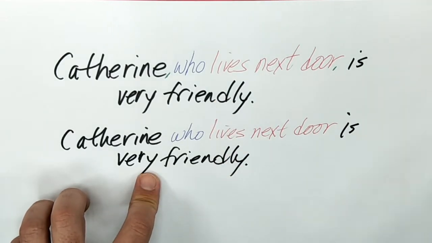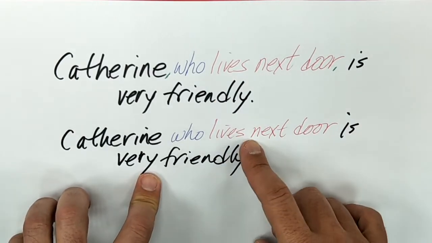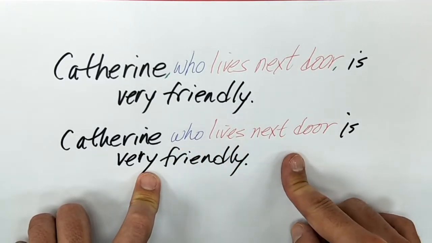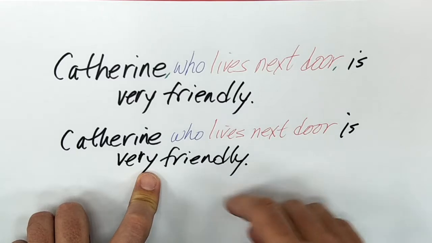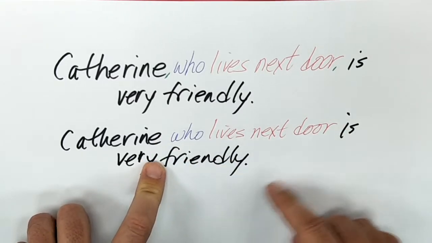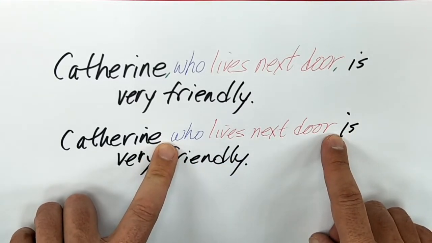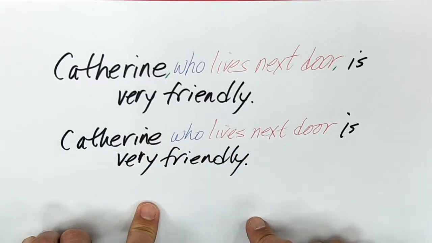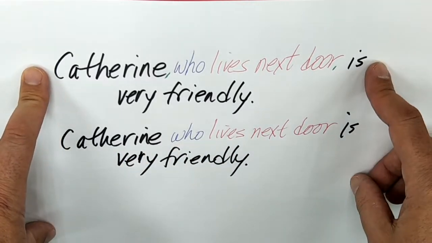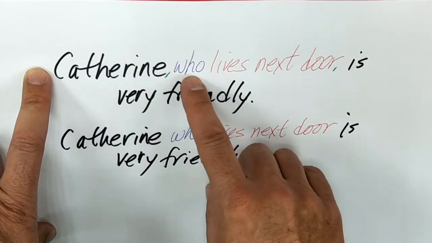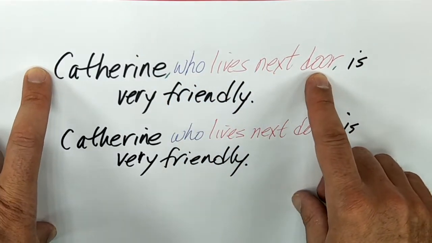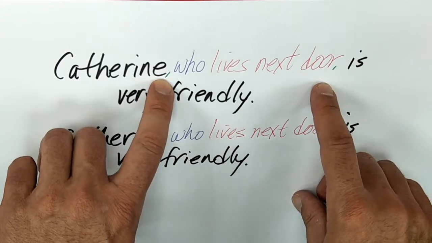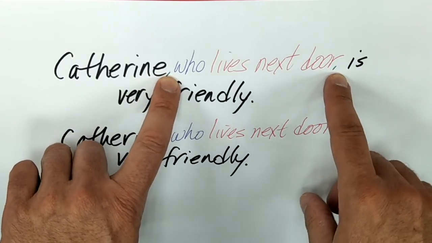Now, if you think that it is important for the reader to know that Catherine lives next door, I think it's important, then no commas. Catherine who lives next door is very friendly. So remember, in this sentence, if you think who lives next door is not important, you set it off with two commas, a comma in front and a comma behind.